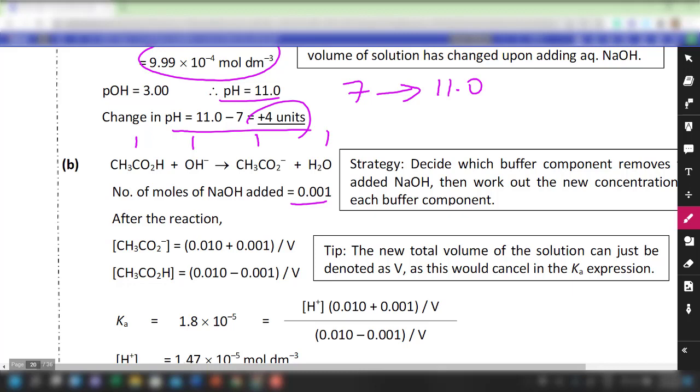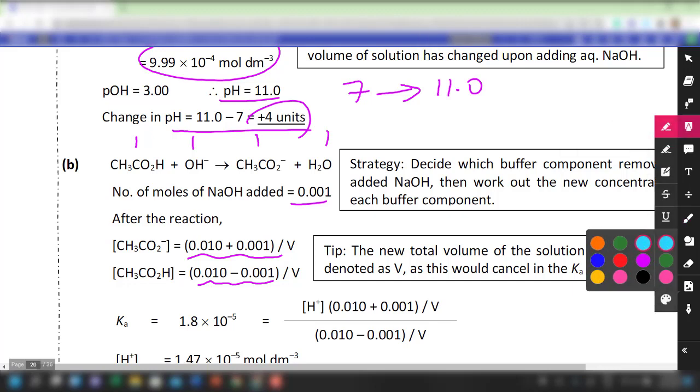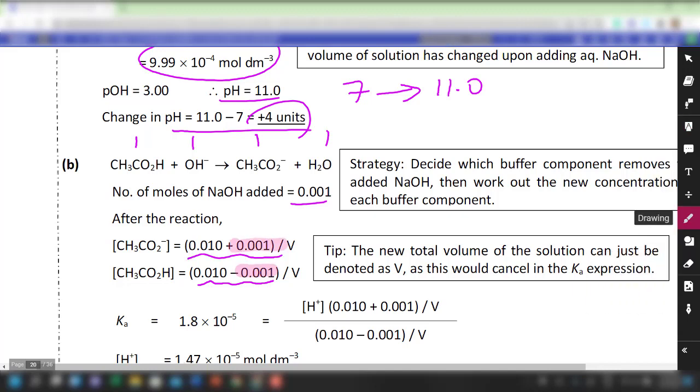So therefore from here you can determine the amount of ethanoic acid remaining, and of course the amount of ethanoate formed will go up by 0.0010 as well, so you add 0.001. So you might notice that whatever amount of ethanoic acid is consumed will also result in the same amount of ethanoate being formed, and this is often the case. So if you realize this, I think it will be easier for you to work through problems later on.